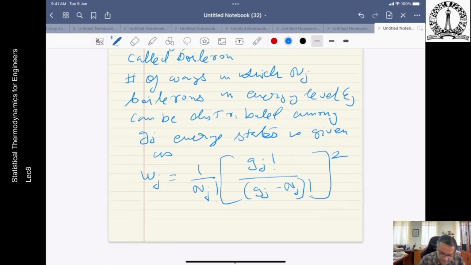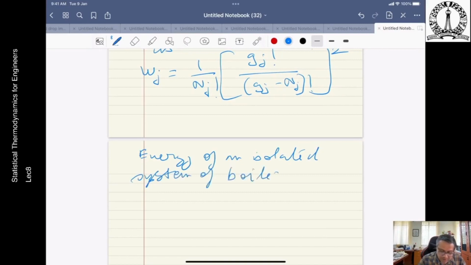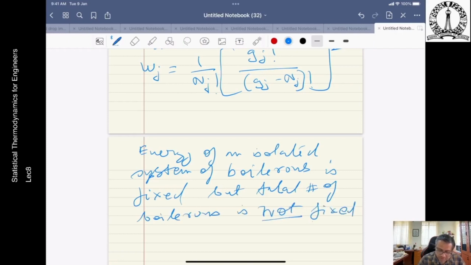Now the energy of an isolated system of boilerons is fixed, but the total number of boilerons is not fixed.